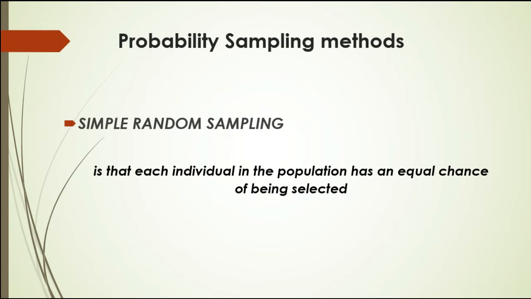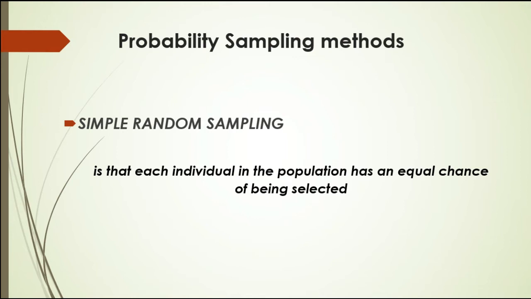We have now the probability sampling methods. Simple random sampling. It is that each individual in the population has an equal chance of being selected. For this, hindi ito biased. Bakit?